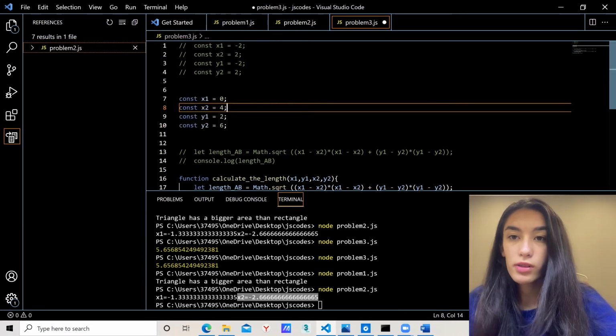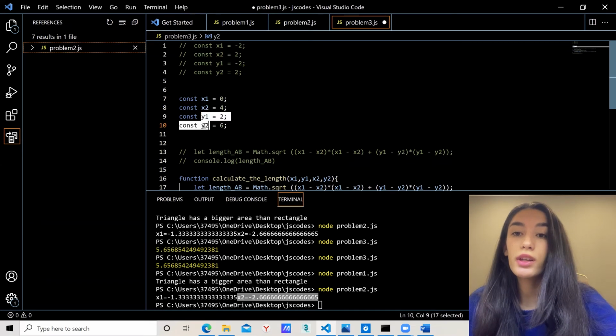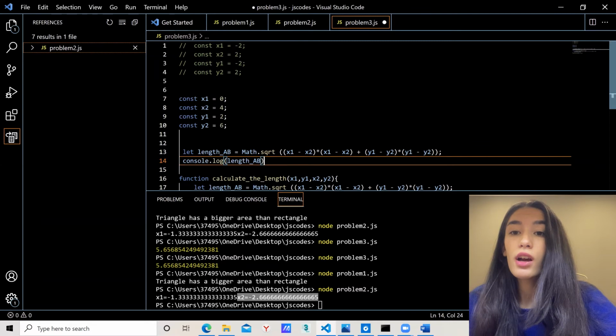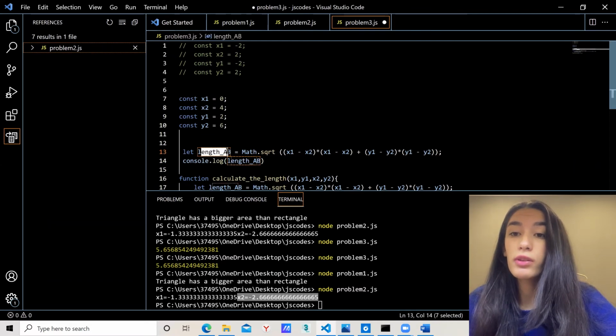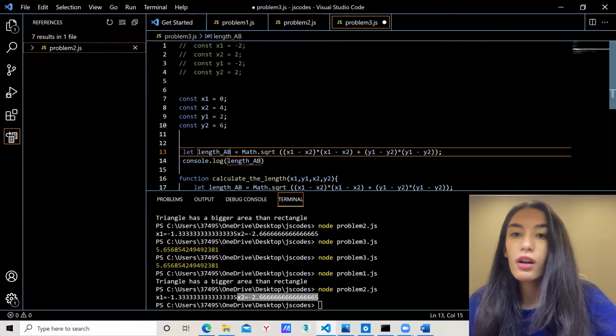In this case, if all the numbers are non-negative, we can take random values that are either 0 or positive. See, I have assigned constant values for x1, x2, y1, y2. And I have also declared a variable named length AB. Let's suppose that our line is AB line.